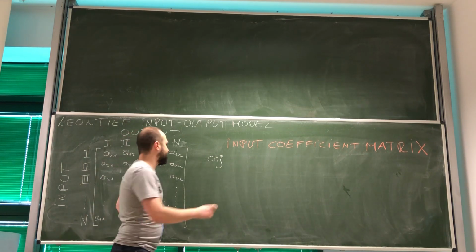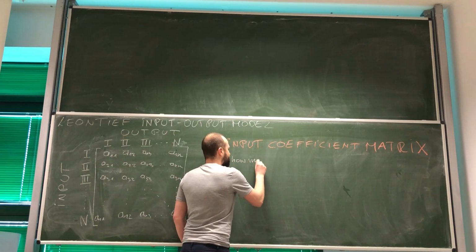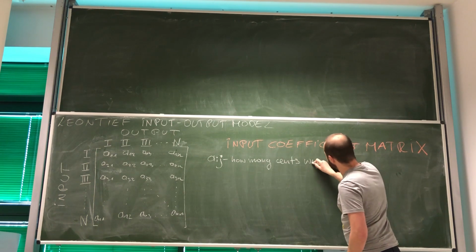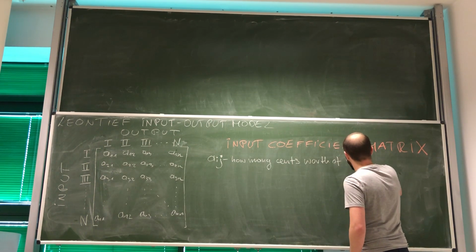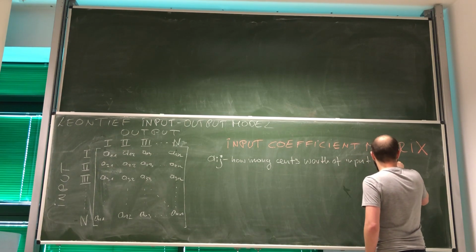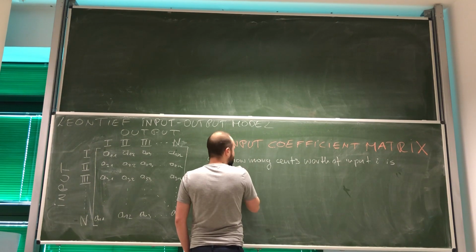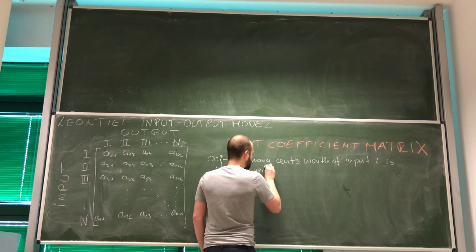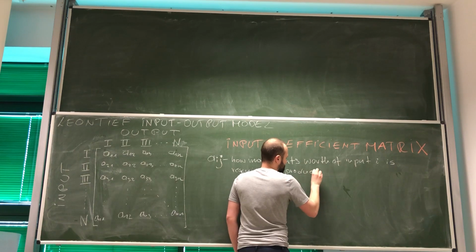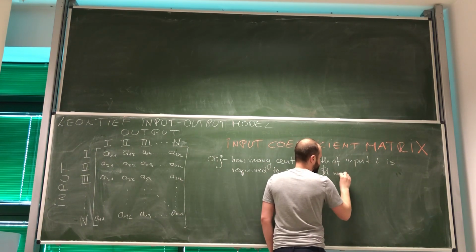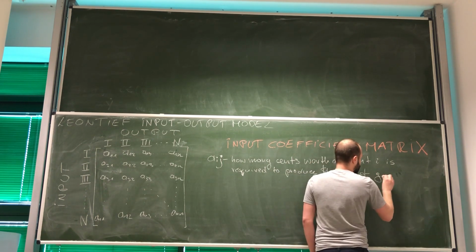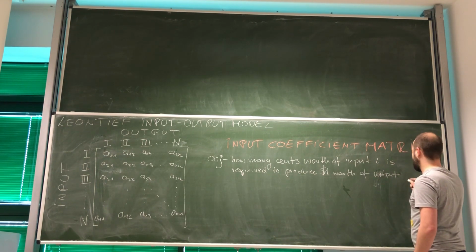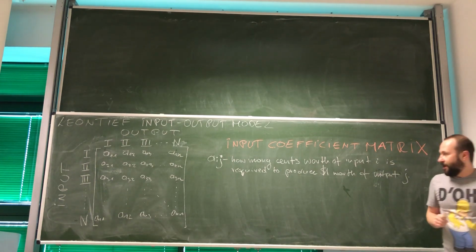Aij generally tells you how many cents worth of input i is required or is used to produce $1 worth of good or output j. Okay, what does it mean?